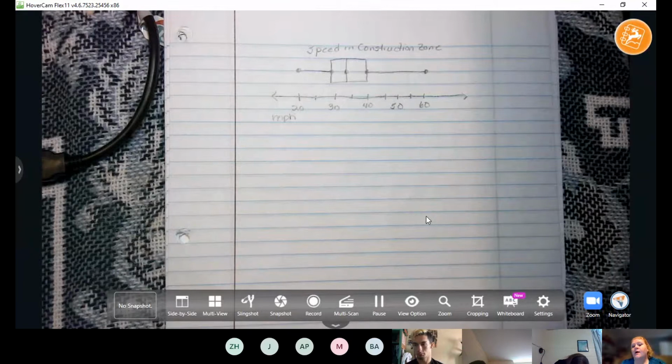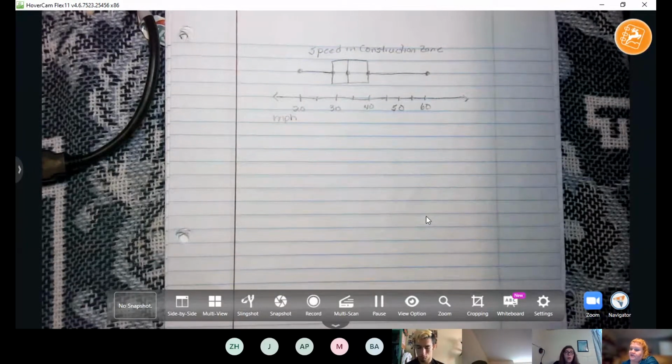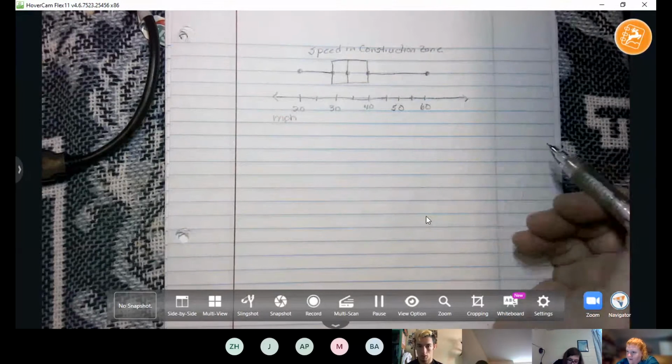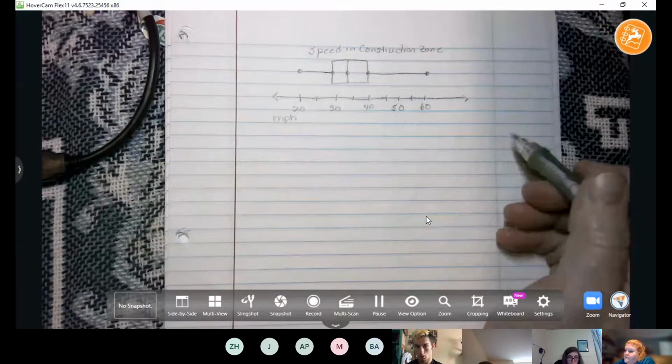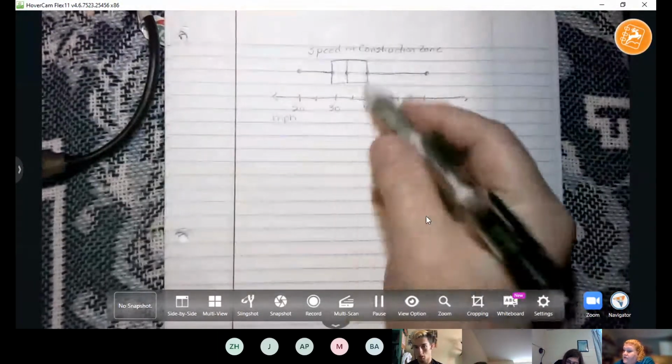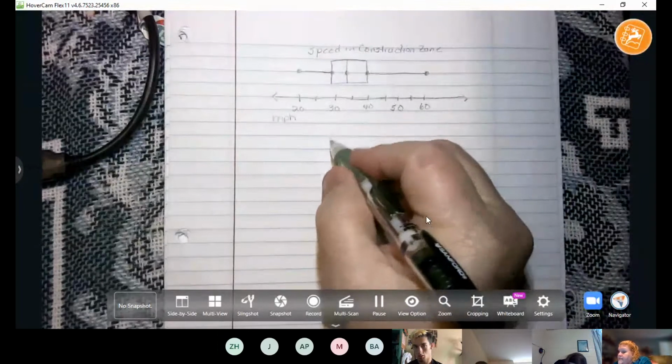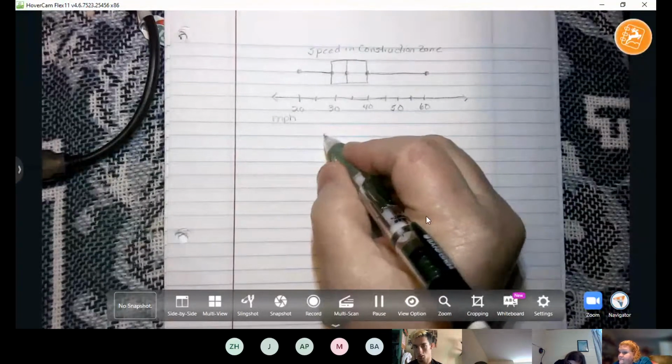Now let's go ahead and do our modified one below, just so you can see the difference. With the modified box and whisker, you're still going to have your box in the same location.